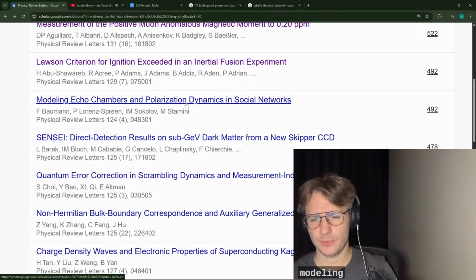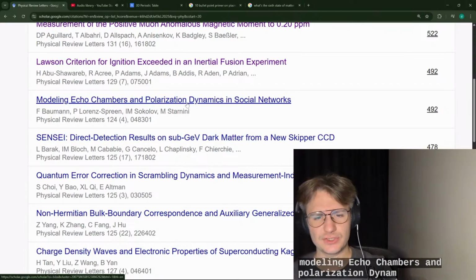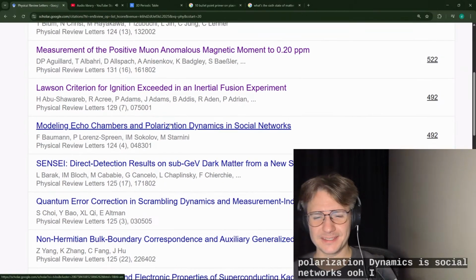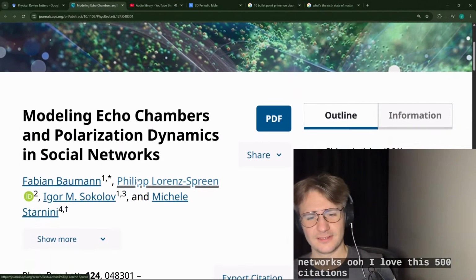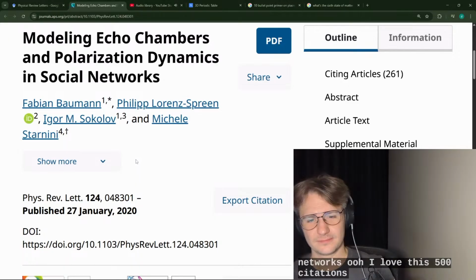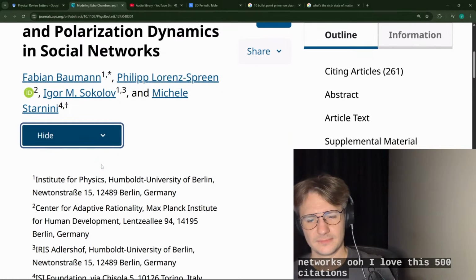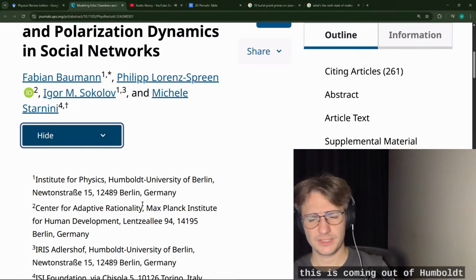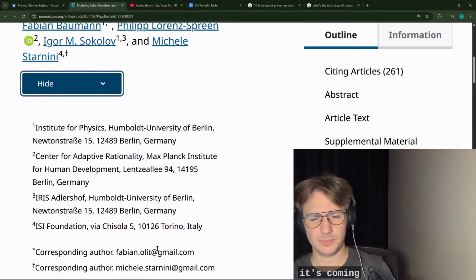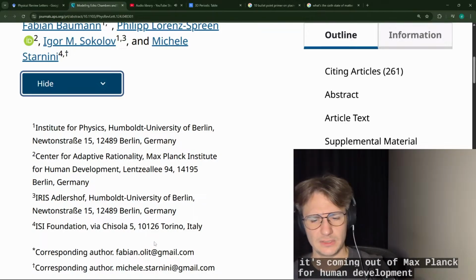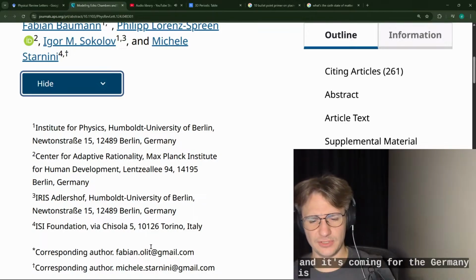Modeling echo chambers and polarization dynamics in social networks. Ooh, I love this. 500 citations. This is coming out of Humboldt University of Berlin, the Max Planck Institute for Human Development, and the ISI Foundation in Germany.